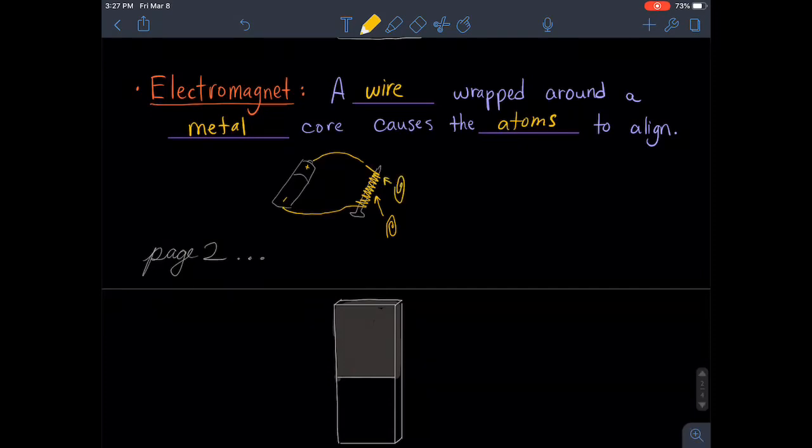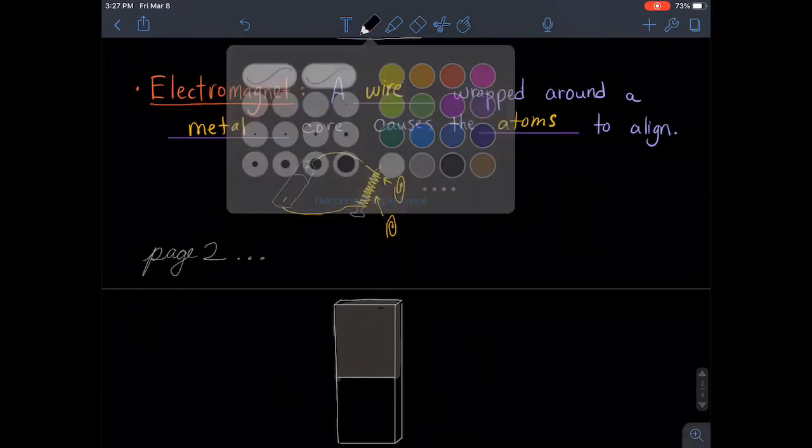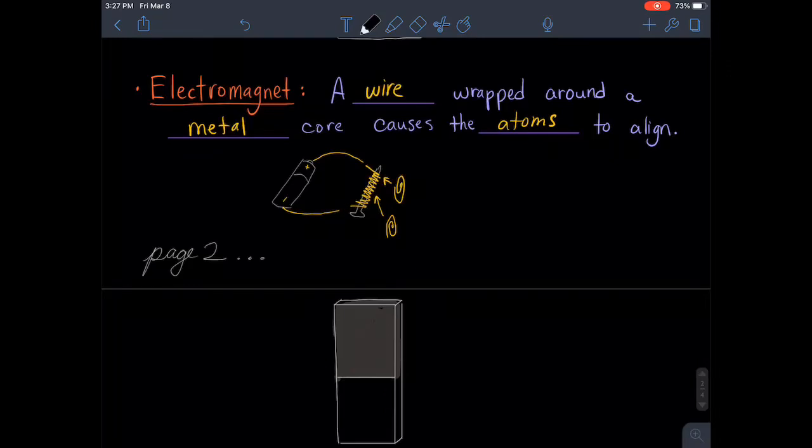And if we disconnect the wire, and all of a sudden the wire is no longer attached, the electricity can't flow through the wire anymore, and we don't have the attraction happen anymore. It turns off the magnet.